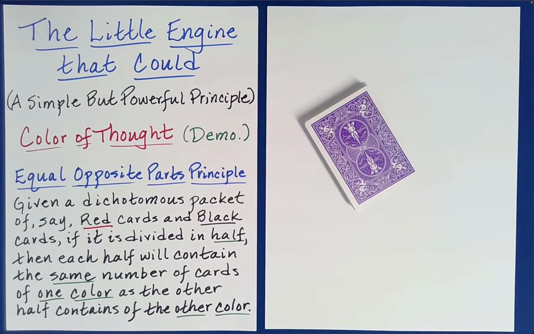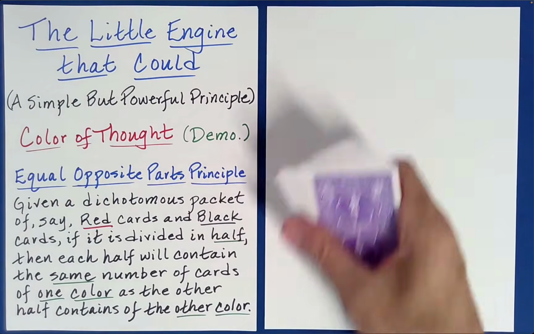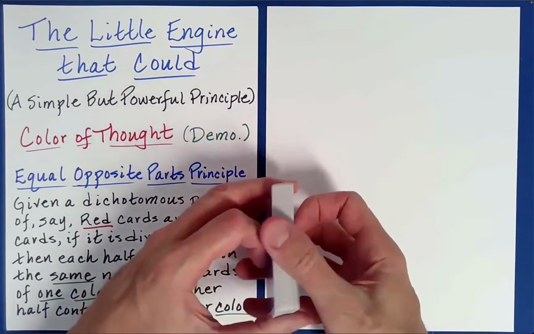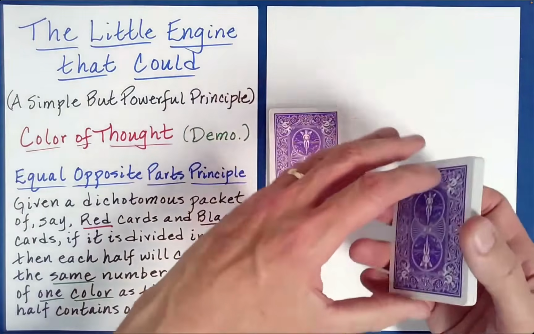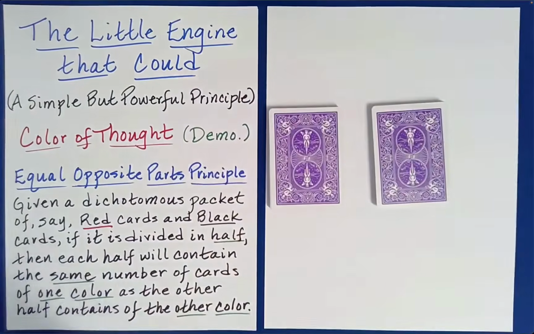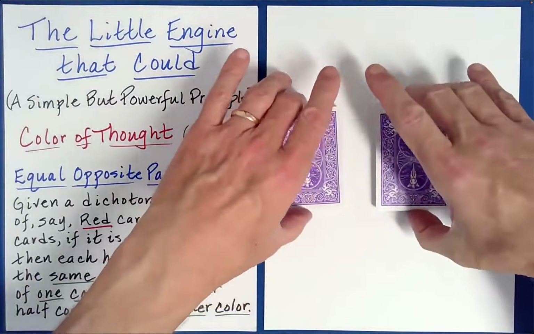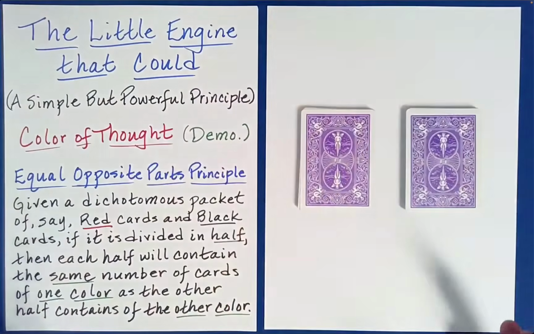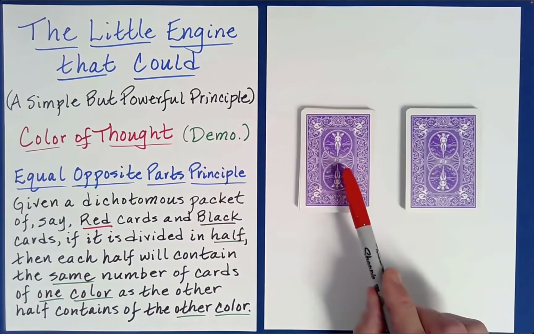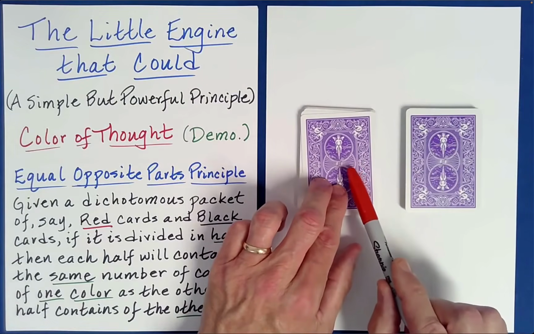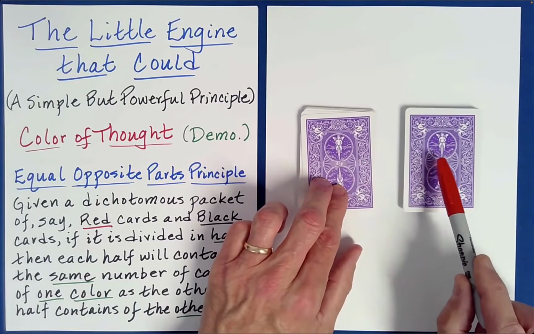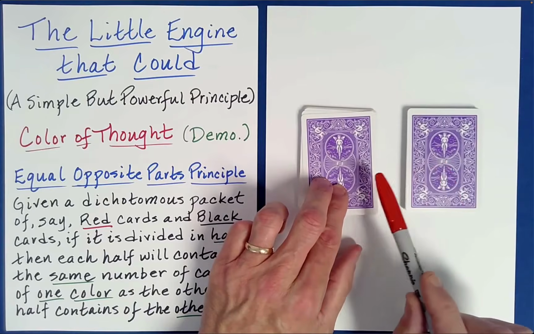And then the claim is that if you divide, now this won't be a perfect division, I'll just estimate, let's say there's 26 there, 26 there. No matter how you divide a standard deck of cards, we are guaranteed to have the same number of red cards in this half as we have black cards in this half.